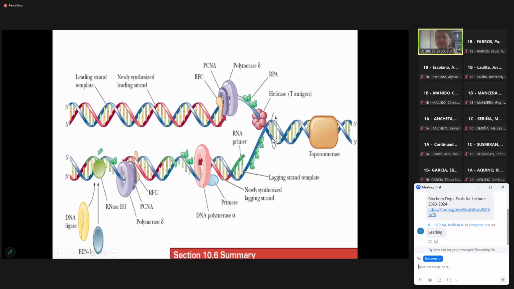Ease the stress that is going on. Now, this is your polymerase delta. Polymerase delta for the leading strand. Now, what are these? This is PCNA. Ano ba yung PCNA?